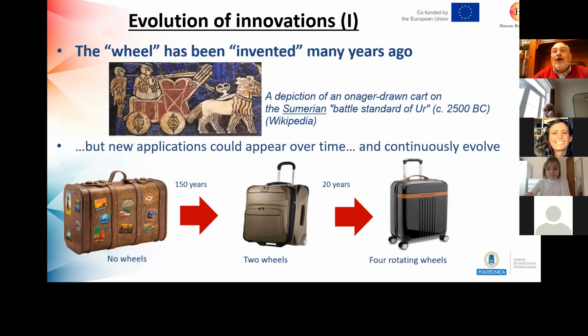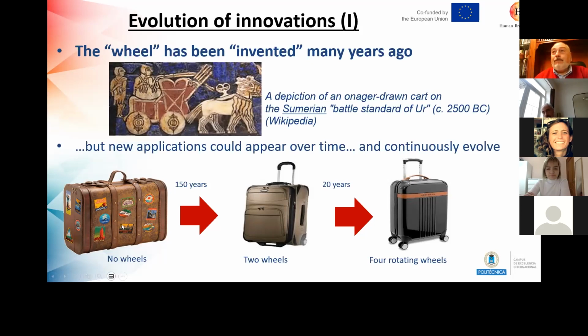I have copied here one wonderful card of the Sumerian battle card you see here from Ur, a city in the Middle East from 2500 years before Christ, and then nobody considered that it would also be a good invention to combine with another one.